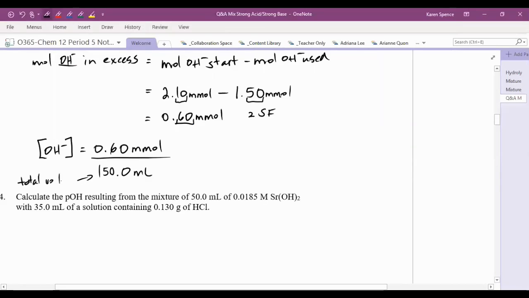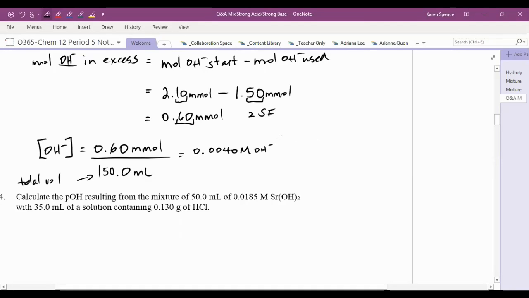150 milliliters is our total volume once they are mixed. So 0.6 divided by 150 equals 0.0040 molar OH minus. Now we know the concentration of OH minus. I'm going to do this the way that everybody forgets how to.